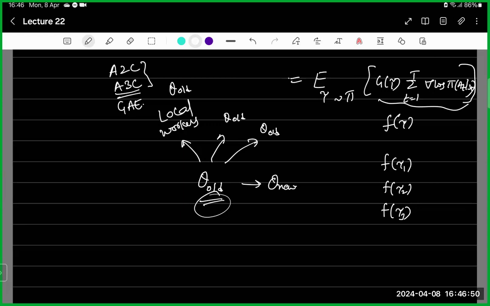So instead of that, now we are generating three trajectories from the same policy because they are copying the theta old. All the three workers are copying your current theta. That is, they know what your current policy is. So with your current policy, you generate three trajectories, tau 1, tau 2, and tau 3, and then calculate this function for whatever tau they have.